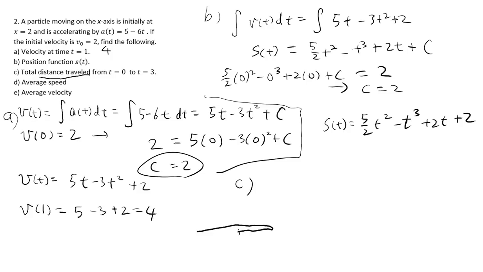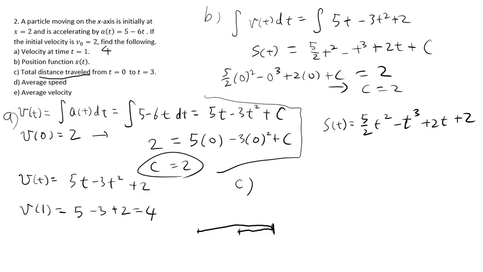If that happens, then the distance traveled is not just the distance between the initial point and the final point, because this would be much less than the actual distance traveled. So what you need to do is know when it turned back, and calculate the distance between the initial point and the point when it was turning, and also the distance between the final point and the point it turned, and then add the two. That will be how we handle this.